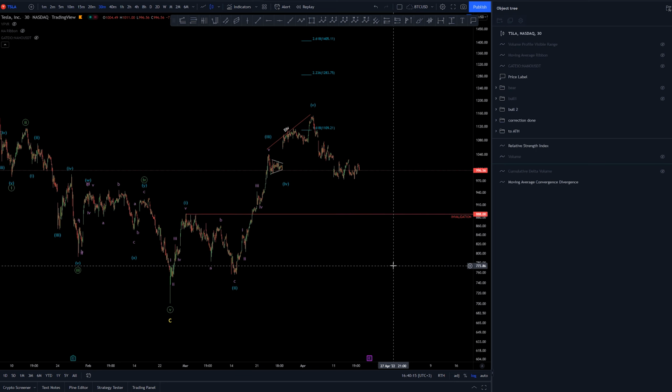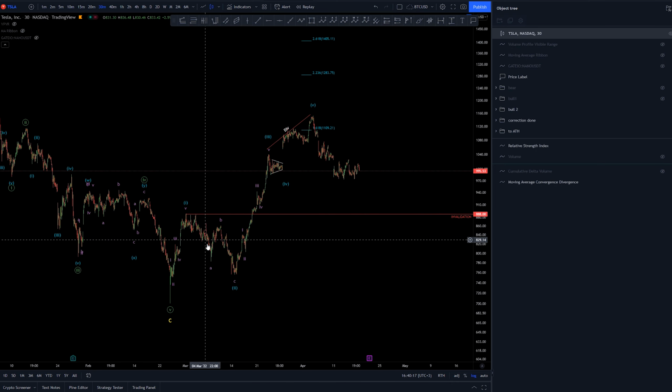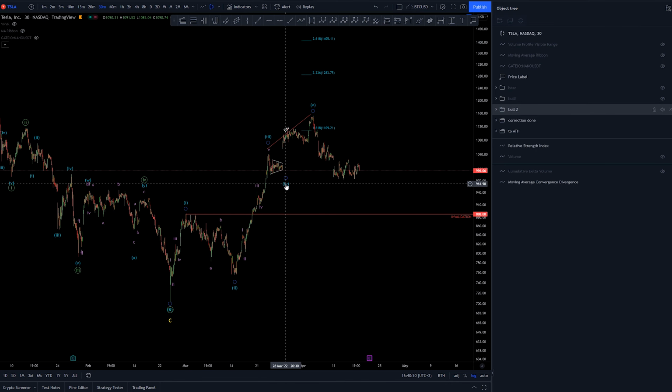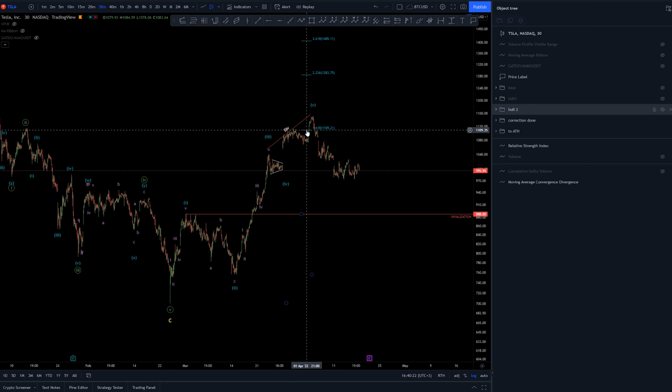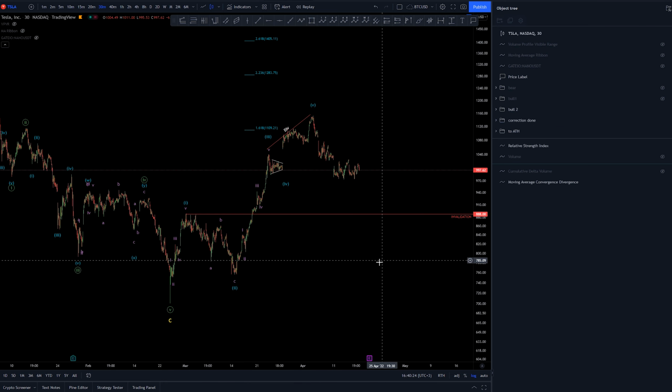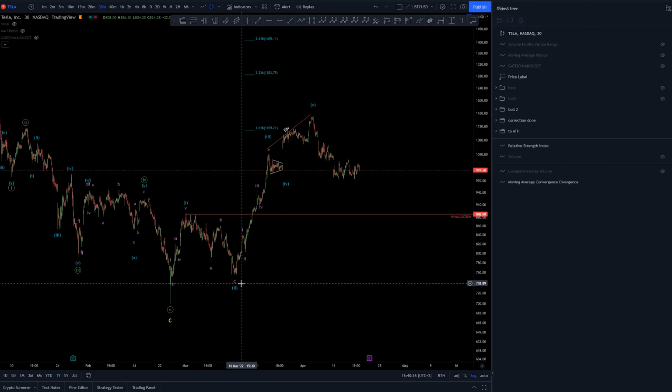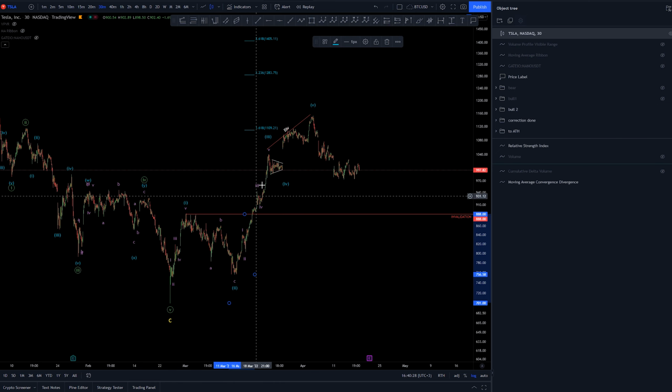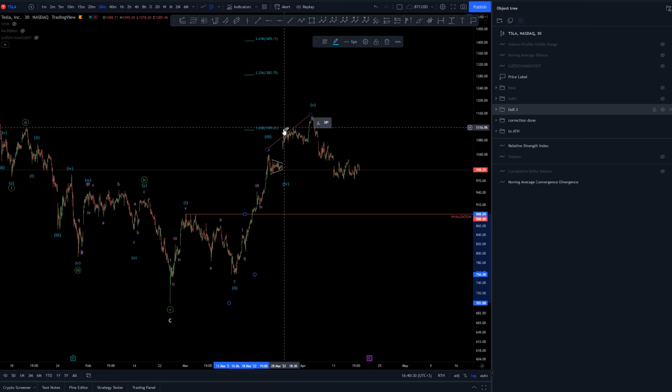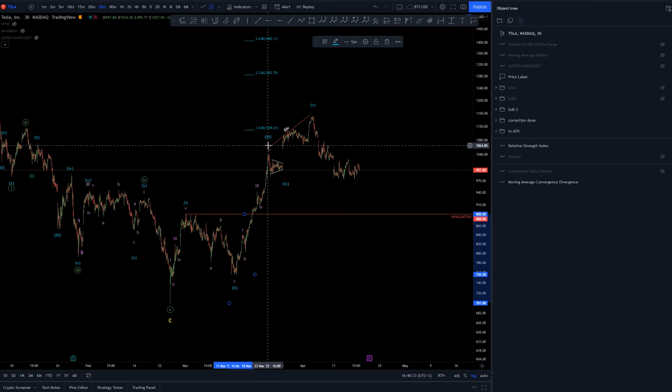So at this point we had done the 1, 2 and created 3rd, 4th and 5th. Now the 1.618 extension for the wave 1 to 2 is so high here that I'm not even sure that wave 3 is actually here.